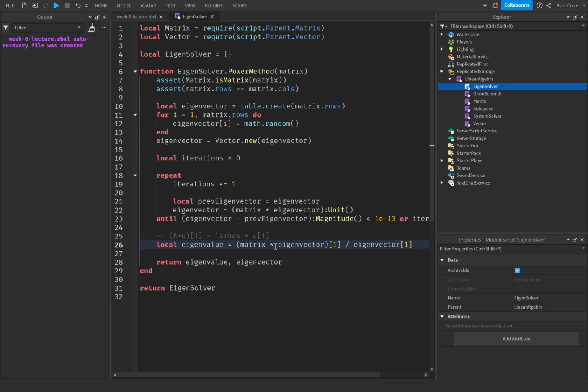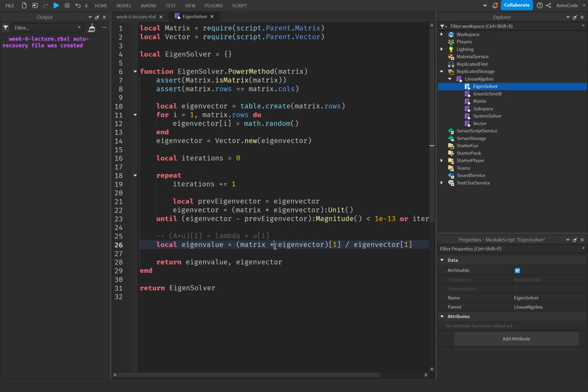All right, we should probably make sure that this works. So let's construct some matrix. And yeah, okay.